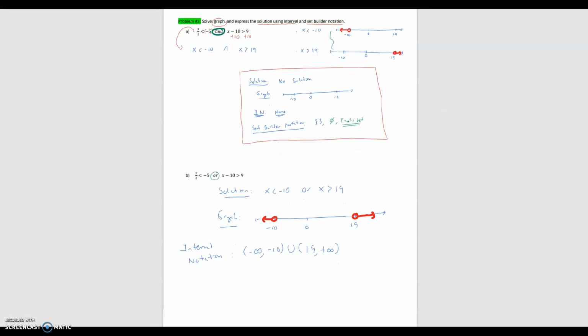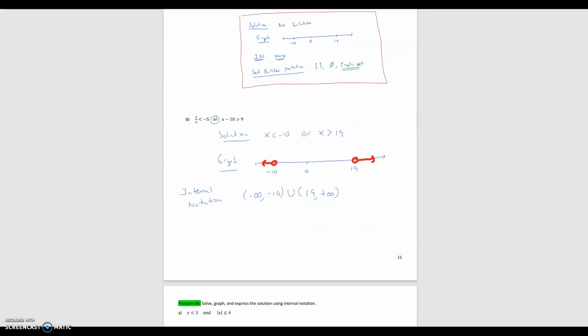So we're referring to x is greater than 19, which is this piece, and then x is less than negative 10 for negative infinity to negative 10. Remember that interval notation is also from min to max, but in this case, the union, it's telling us that there's a gap in between. So you have all the values from negative infinity to not including negative 10, gap, and then after 19 all the way to the positive infinity.